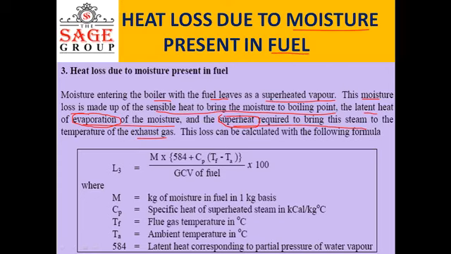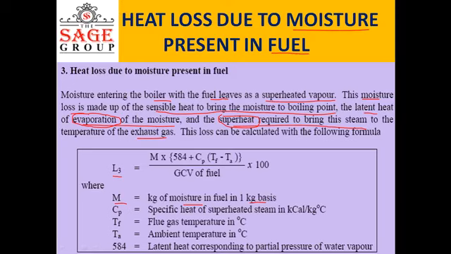So in this way, this loss occurs if moisture is present in the fuel, and this loss is the third loss, given as L3. It is given by this formula: m into 584 plus Cp in bracket Tf minus Ta, upon GCV, gross calorific value of fuel, into 100. Here m is the kg of moisture in fuel on a per kg basis.